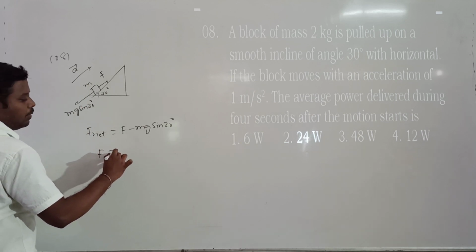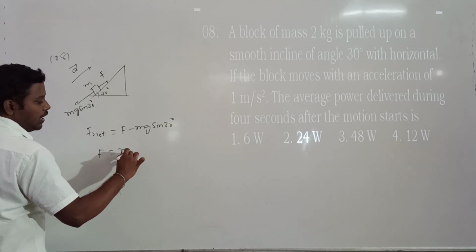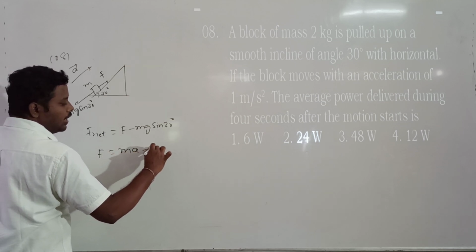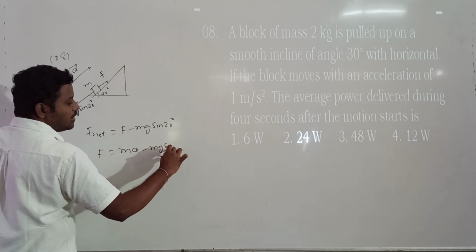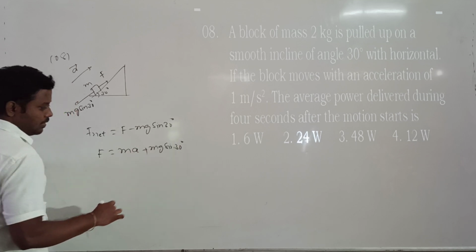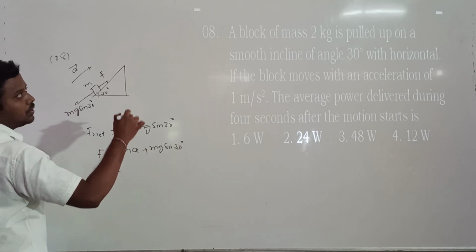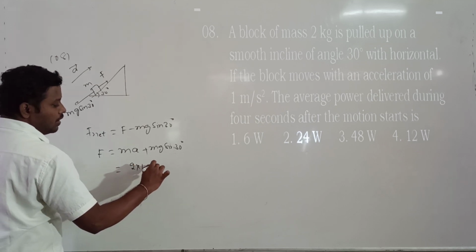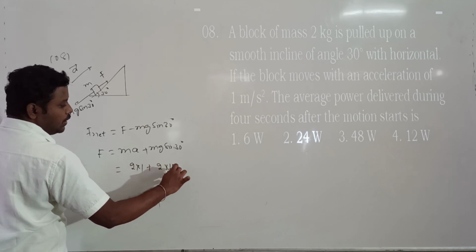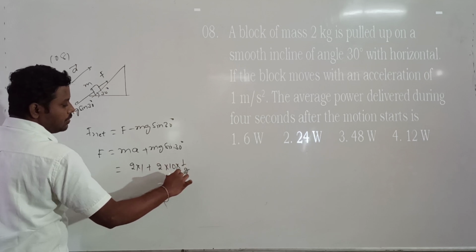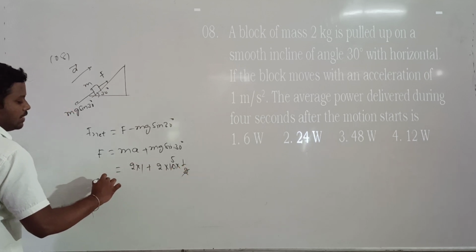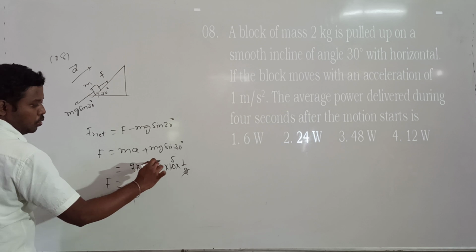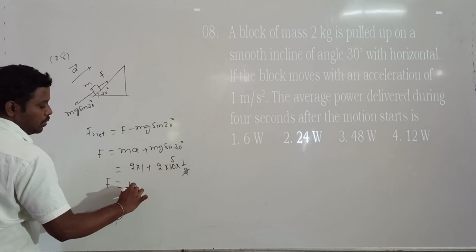So F is given by F net plus mg sin 30 degrees. The mass is 2, acceleration is 1, so 2 into 1 plus 2 into 10 into sin 30, which is 1 by 2. Then F is equal to 2 plus 10, that is 12 newtons.